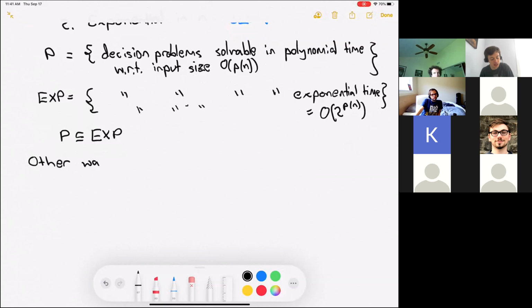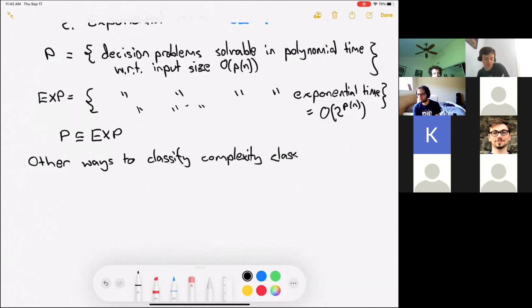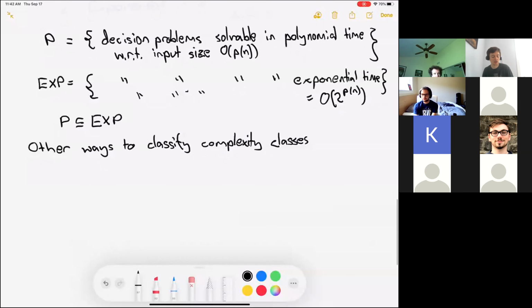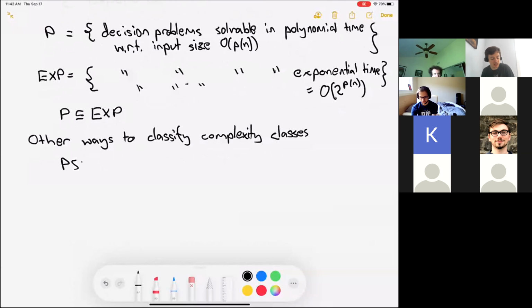Okay. So there are a lot of other ways to classify complexity classes other than just the pure time it takes to do them. I hinted at this earlier. A natural example is what's called PSPACE.